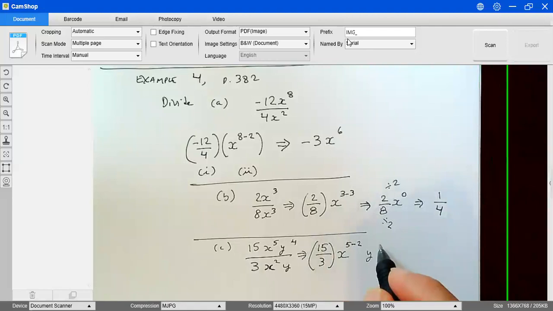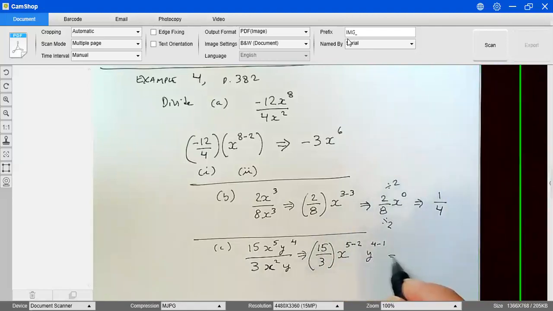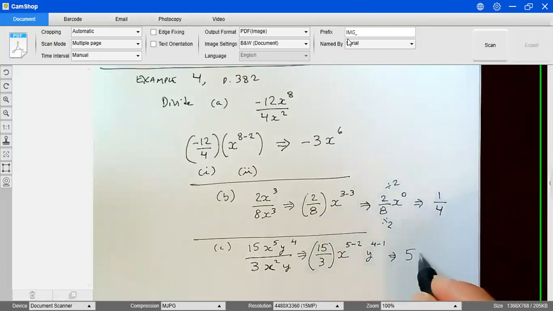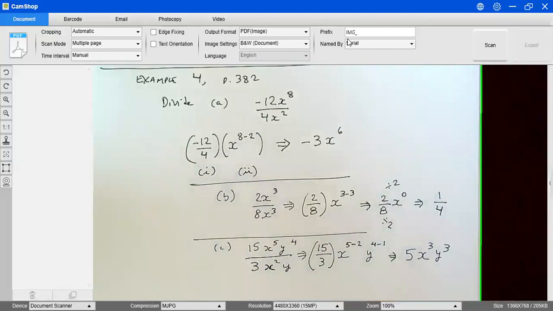For y, it's going to be the difference, 4 minus 1. So this is going to be 5x cubed y cubed. So this is division of monomials. I'm going to continue straight ahead just for you to get ready for the exercise set and to finish this lecture.